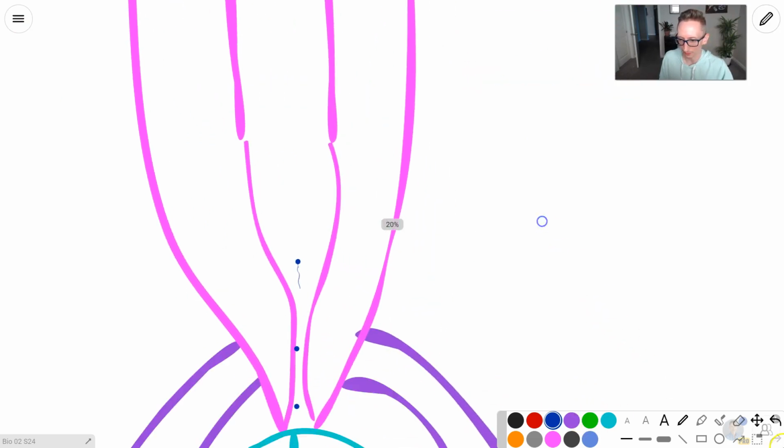So let's just draw a couple. Just copy a couple of these bad boys. Not to scale, obviously. So they would migrate all the way up.